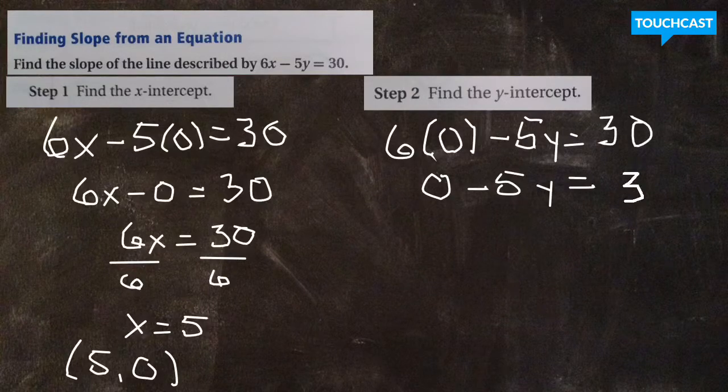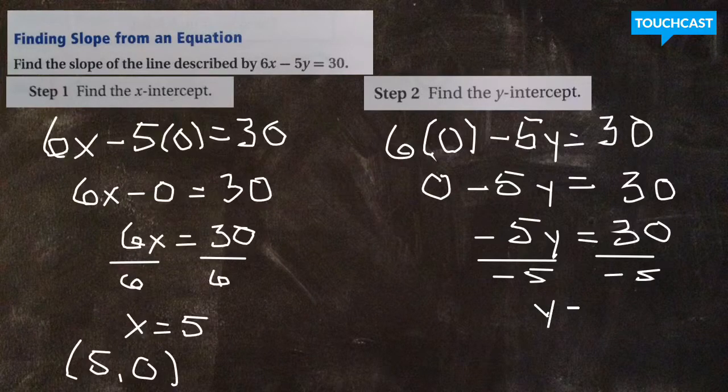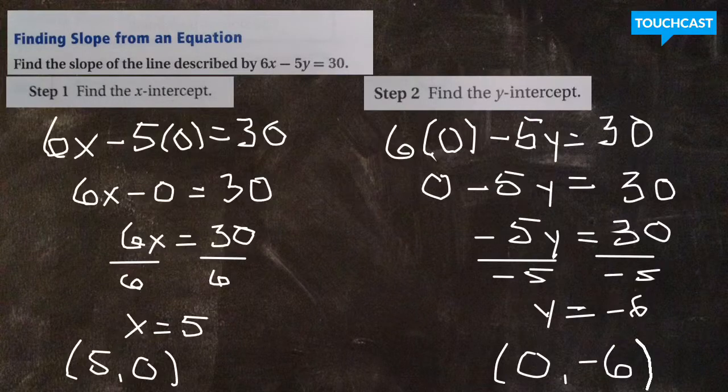Well, 0 minus 5y is just negative 5y. So we have negative 5y equals 30. And now to solve for y, we can divide by negative 5. So y is equal to negative 6, which means we have another ordered pair, 0, negative 6, our y-intercept.